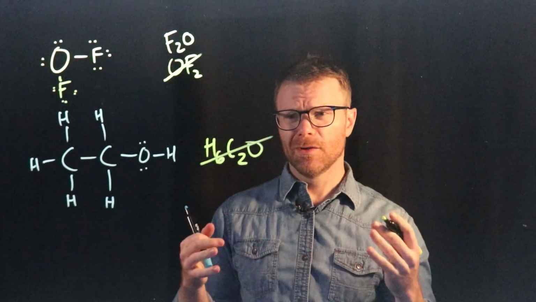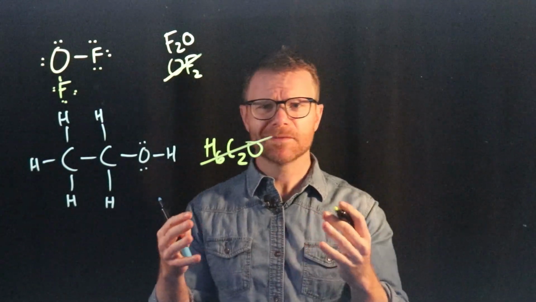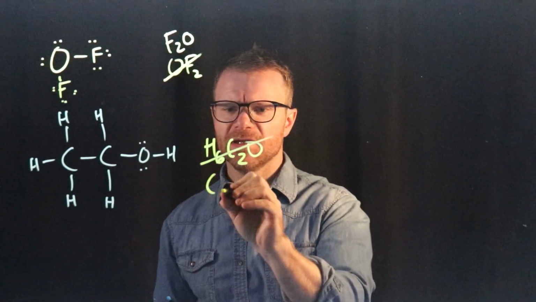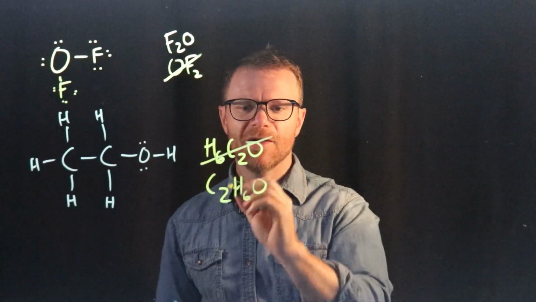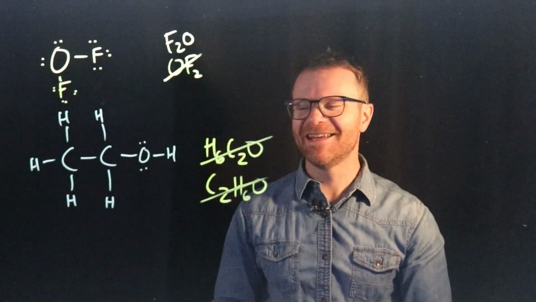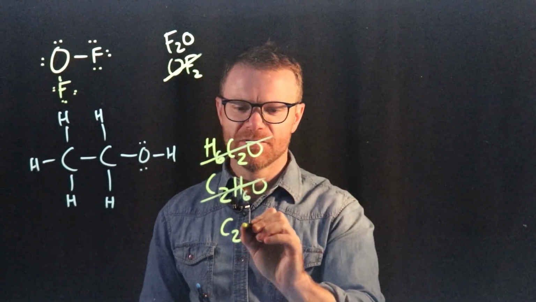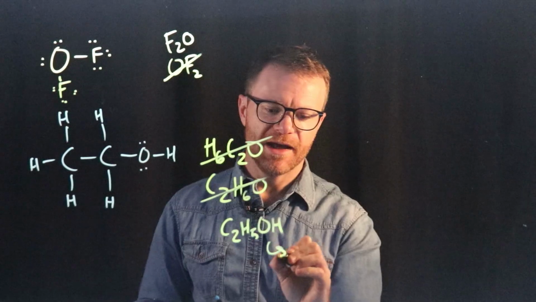Okay, so let's go to the next least electronegative element, that's carbon. So C2, I guess, H6O. That's still actually not right. What we call this compound is C2H5OH, commonly known as ethanol.